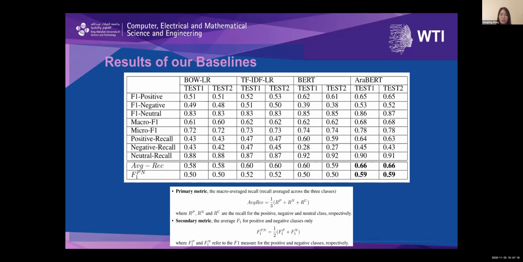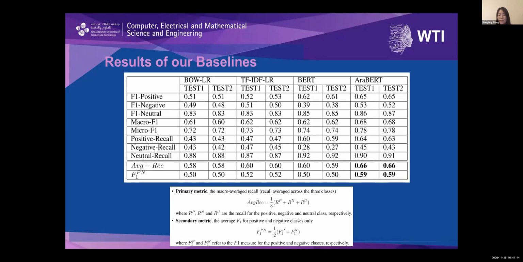For example, F1 positive, F1 negative, F1 neutral, macro F1, micro F1, positive recall, negative recall, and neutral recall. So we had all the same. Again, if you submit your results on the test 1 data, you should expect similar performance on test 2.